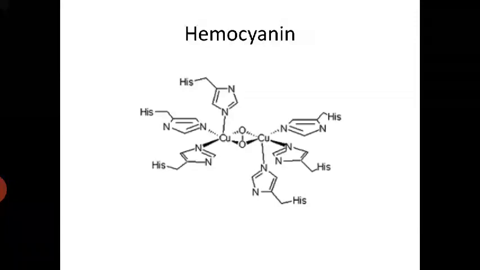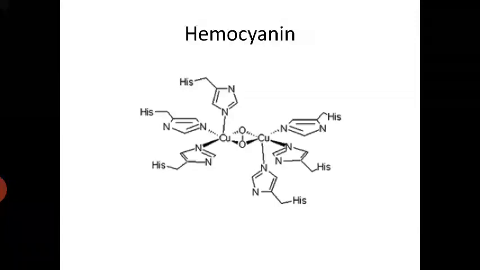The next one is hemocyanin. This pigment is found in the lymph of most mollusks and arthropods. It is not confined to special cells, but exists as a freely dissolved solute, because there is no need for veins or arteries in arthropods or mollusks. It is directly present in the lymph.